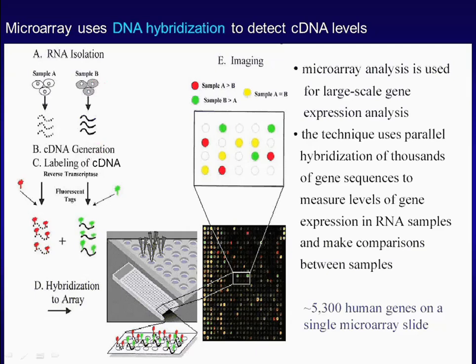Third, 2 cDNA samples are labeled with 2 tags in different colors, red versus green. Fourth, cDNA samples are hybridized with a microarray. Fifth, specific color from each spot is recorded using an imaging system.